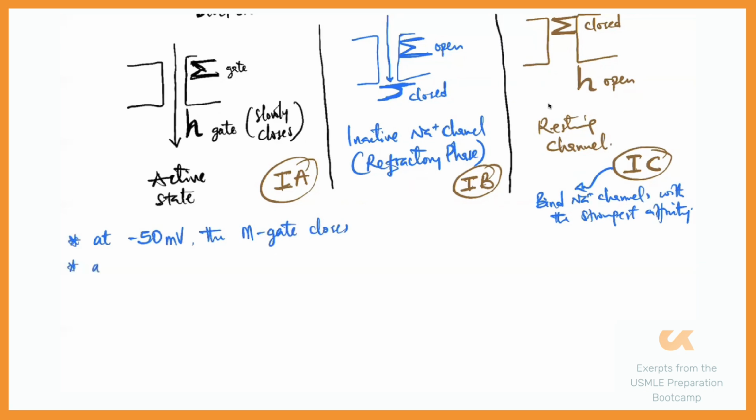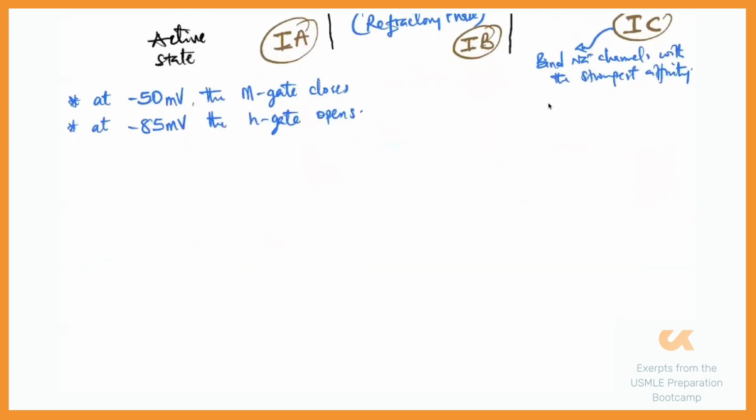While at about minus 85 millivolts, that's close to resting membrane potential, the H gate opens. Nothing too important there, just hear it and try to remember it, and that will be great.